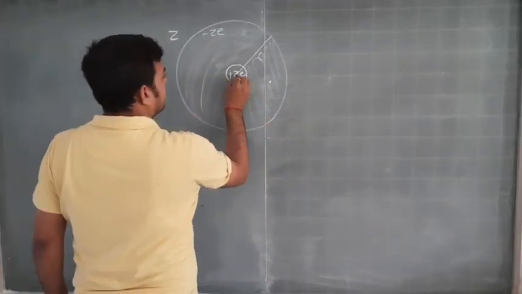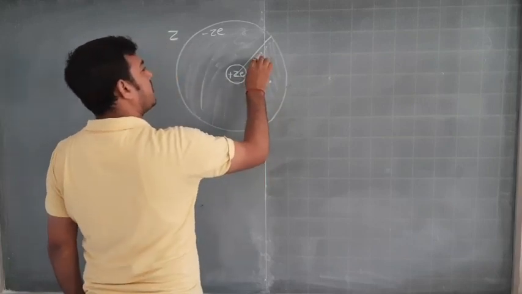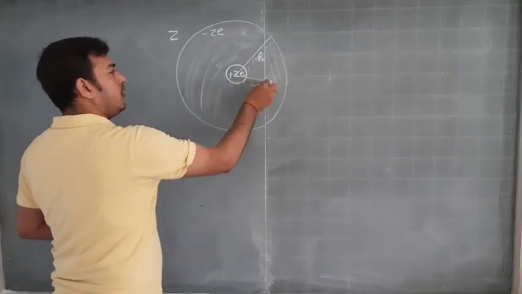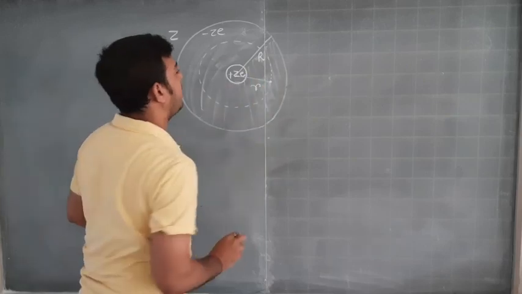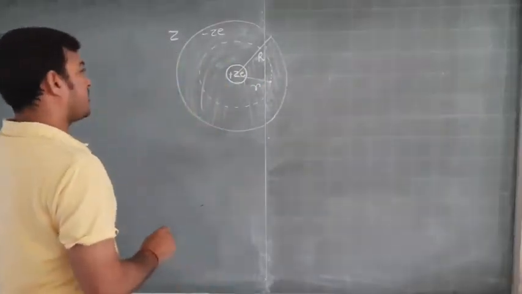So let me take this radius as small r, and for the atom I can take this radius as capital R. To find the electric field, we will apply the Gauss theorem, and here is my spherical Gaussian surface.